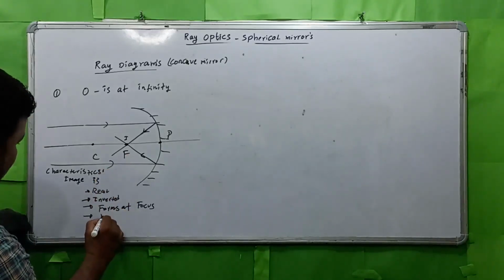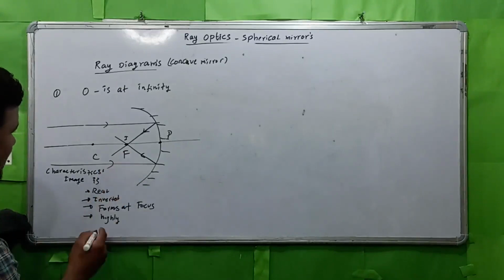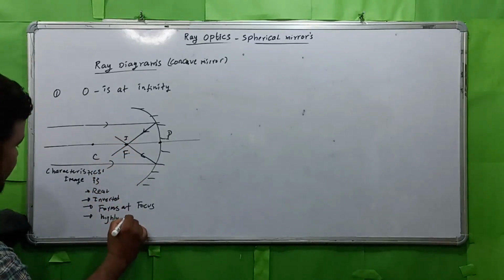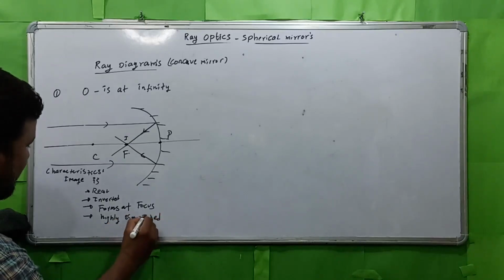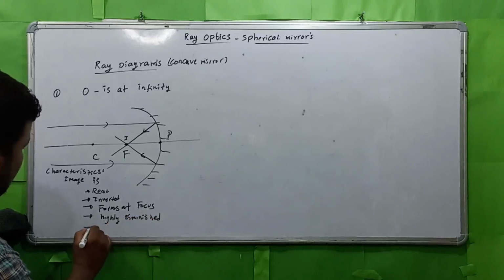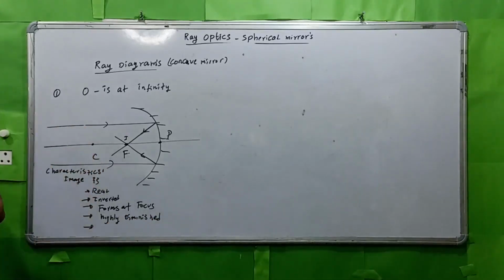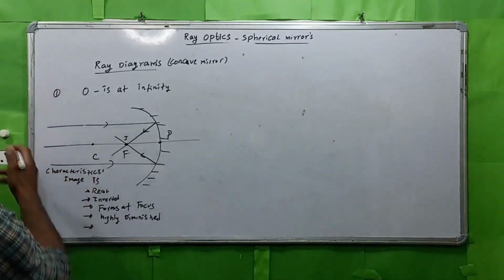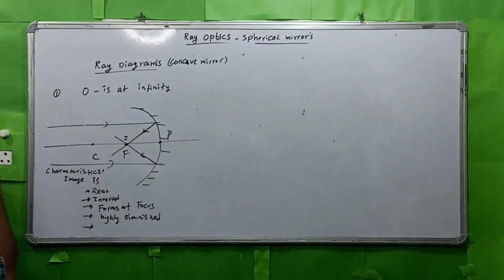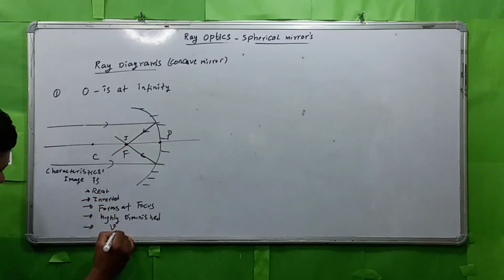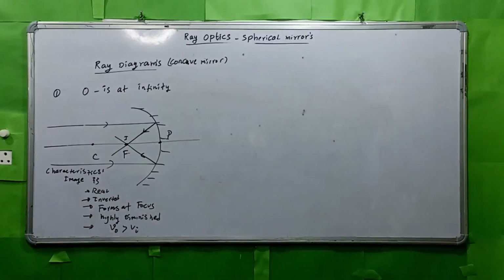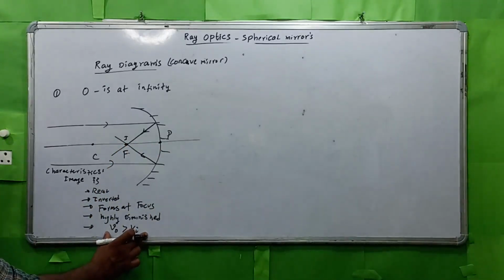Next characteristic, the image is highly diminished. A very small size image I got, highly diminished. The rays are coming from infinity, which means the object is at the maximum distance, infinity, and the image forms at the focus, so we can say the velocity of object is greater than the velocity of image.